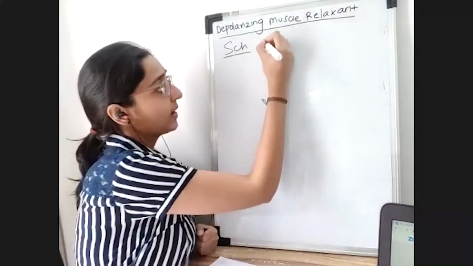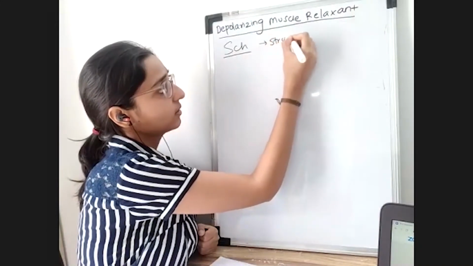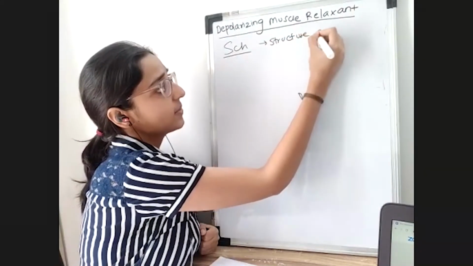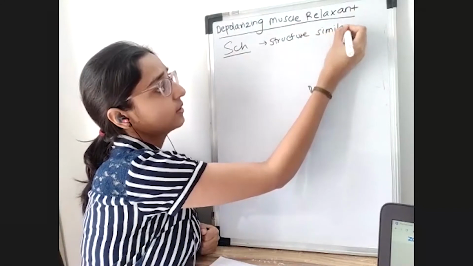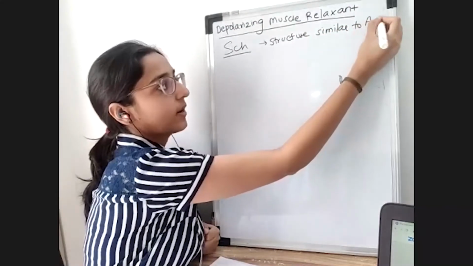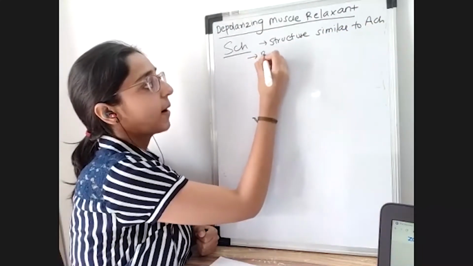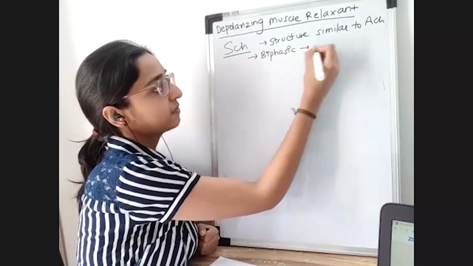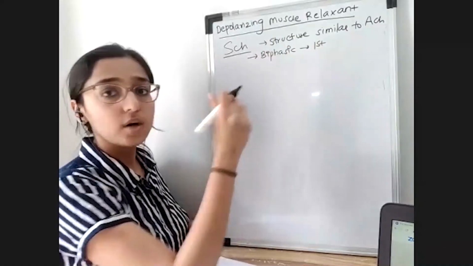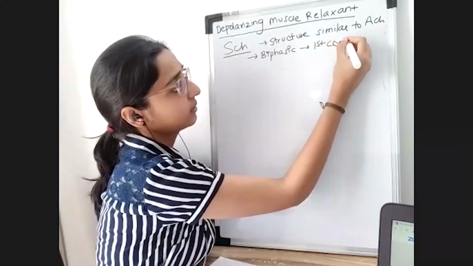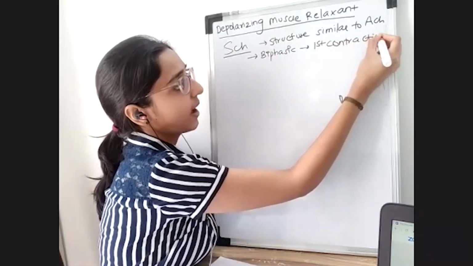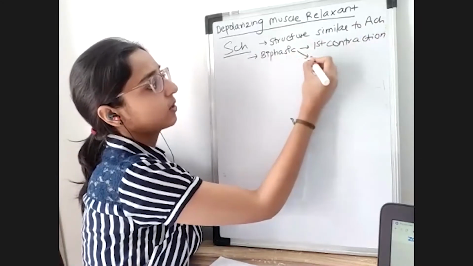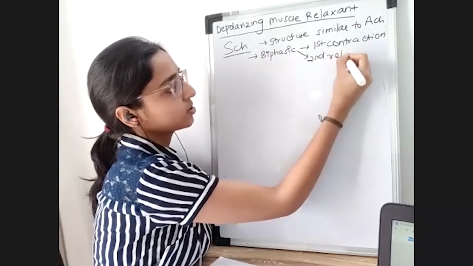So there are a few properties of succinylcholine. Its structure is similar to acetylcholine. It has a biphasic action. What do I mean by that? First, it will cause muscle contraction, and after that, it will cause a secondary relaxation.